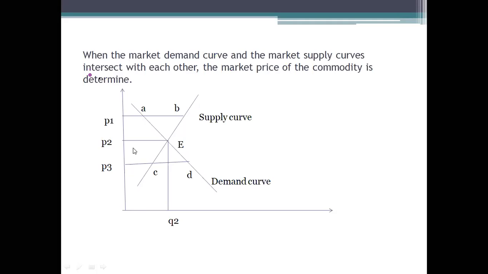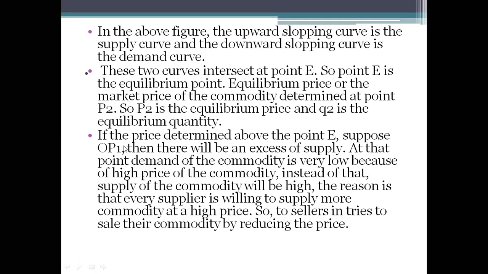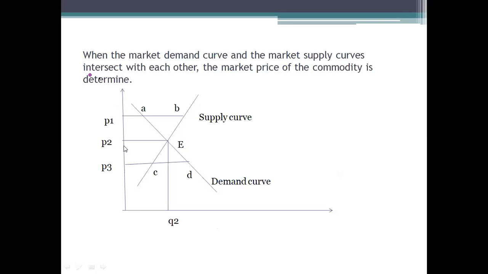Okay. Now what happens if the price is low? The opposite situation. If price is lower than the equilibrium price, according to the law of demand, demand will increase. When price reduces, demand increases. So the demand is at this point. And what is the supply?